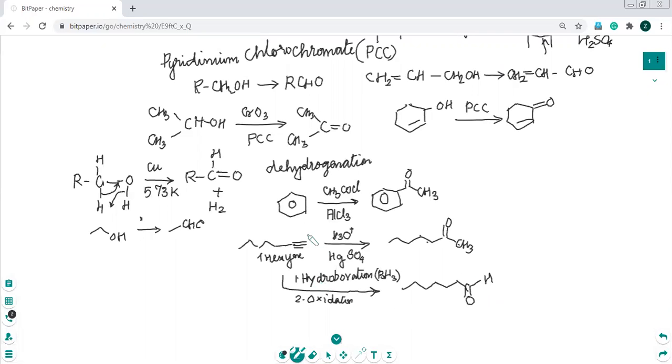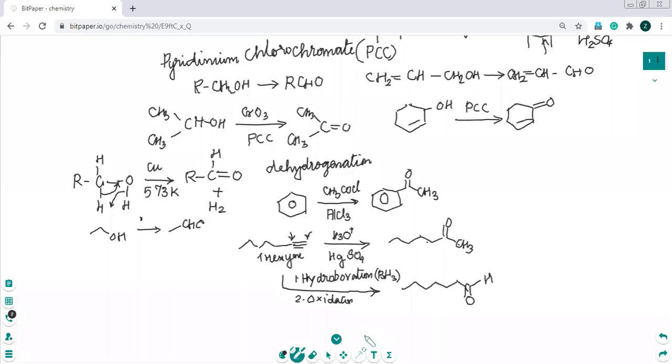That means the last carbon becomes the CO group. In hydrolysis, the central carbon becomes the CO. So these are very specific reactions where you can achieve things which you feel are impossible. Right.